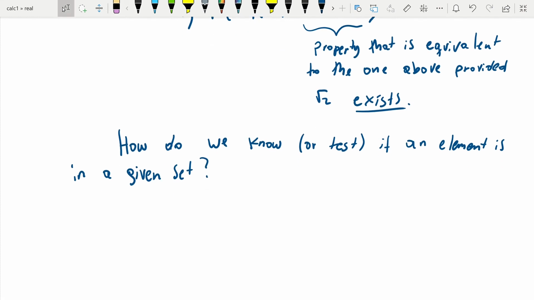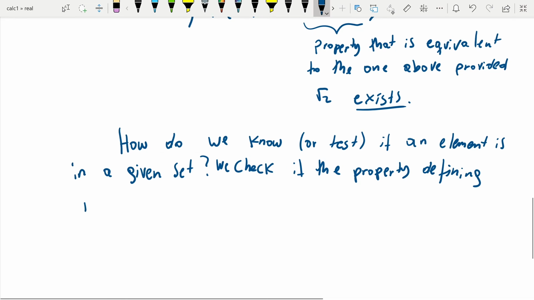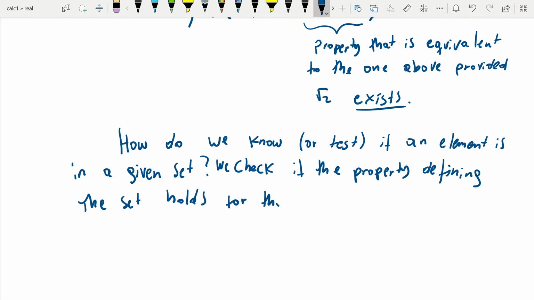Well, we check if the property defining the set holds for that element.